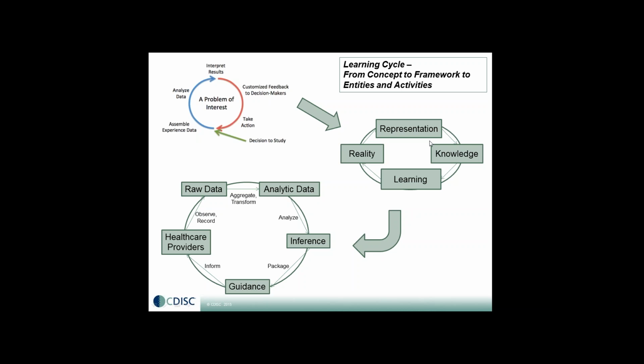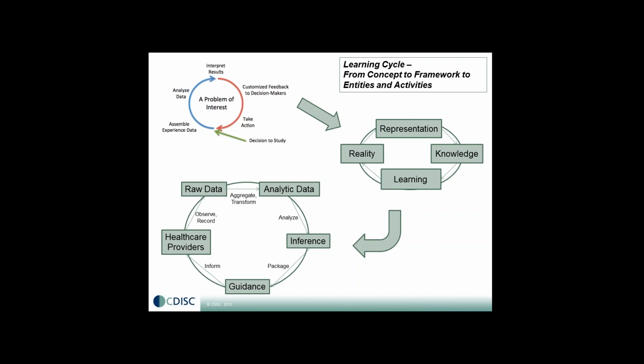The arrow points to the next version of this, which a group of us working on the ESTEL project came up with last September. Essentially, there's a reality, and there's a representation of that reality. That representation creates knowledge, and the knowledge goes back into the system of learning.